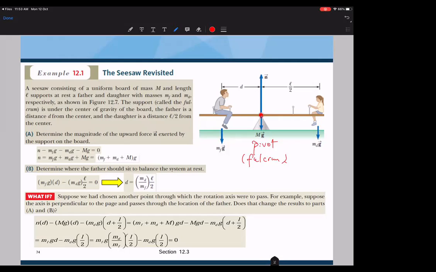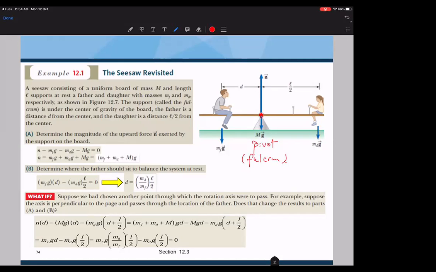First, you're asked to determine the magnitude of the upward normal force exerted by the support on the board. Now, if the whole system is in equilibrium, then you could first draw a force diagram of the whole system.